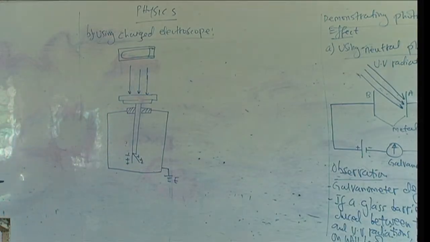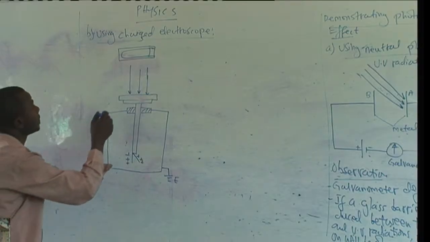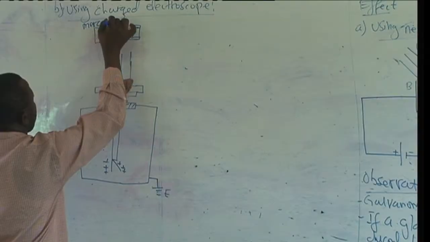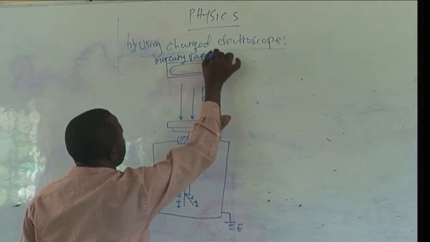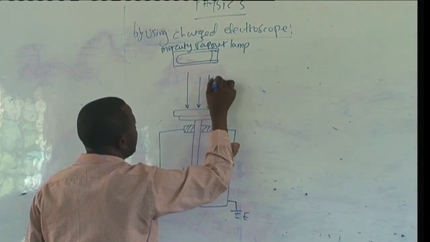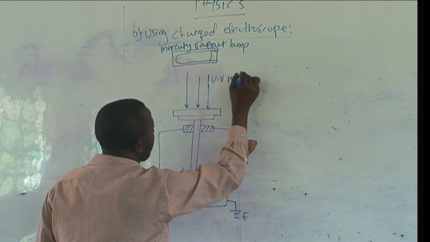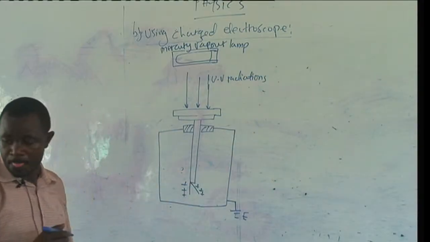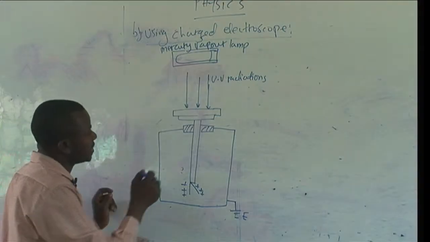Now, this is a mercury vapor lamp, giving UV radiations. And this is a brass cap.